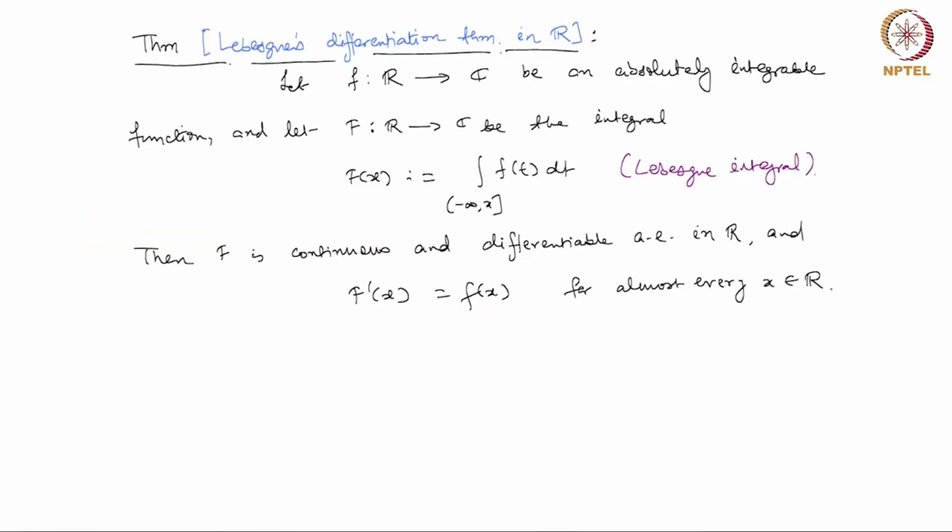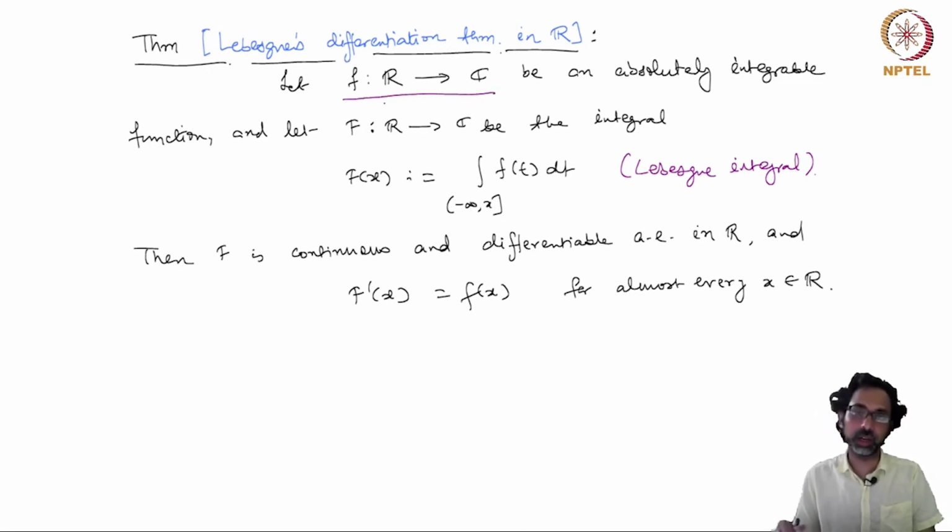So let's see the statement of the Lebesgue differentiation theorem in R. So it says that if you have f from R to C, now we are no longer confined to a compact interval as before, because we are in the Lebesgue integral setting.